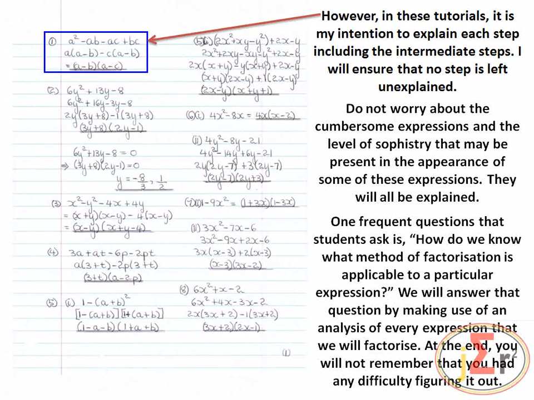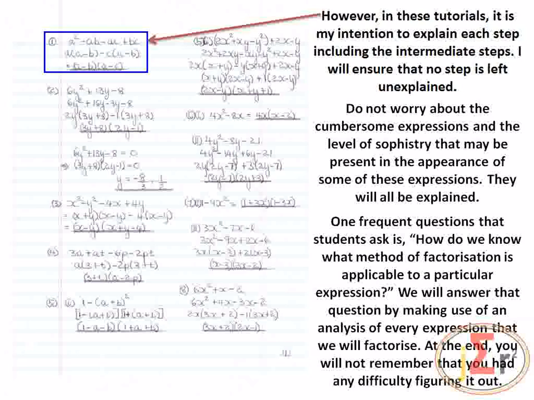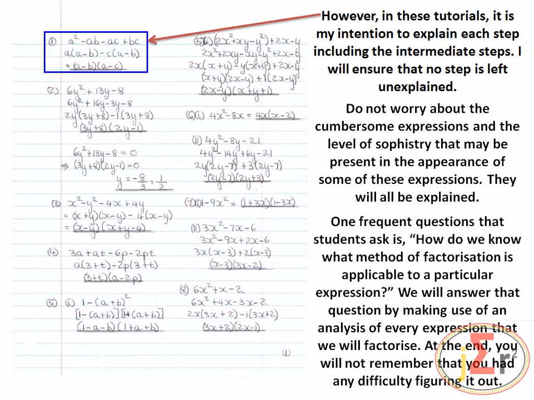Students usually ask, how do I know that this one is a trinomial? How do I know that I factorize this one by grouping? How do we know that this one is a difference of 2 squares? How do we know that we just need to take simply a common factor? All of those will be explained.